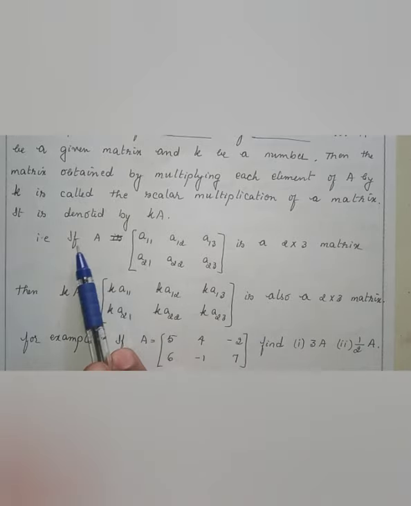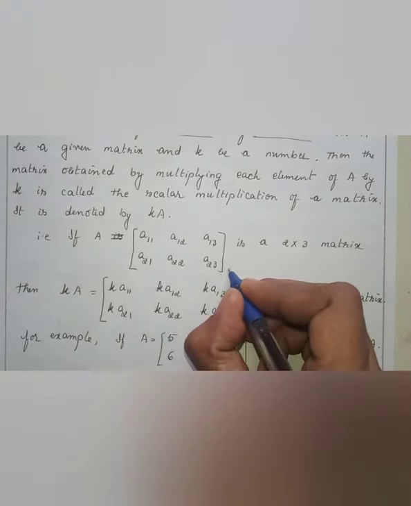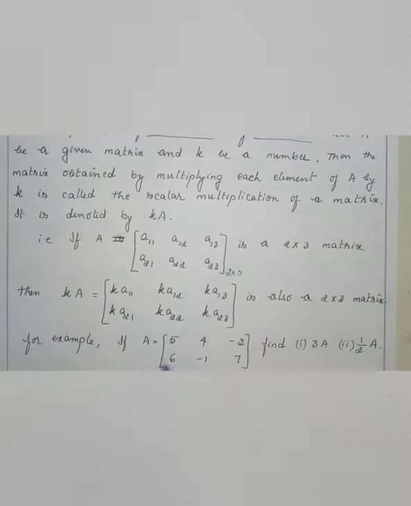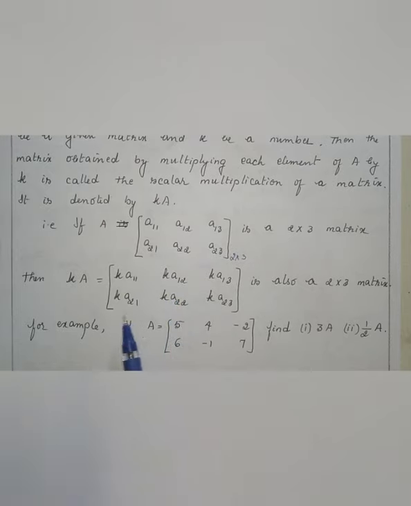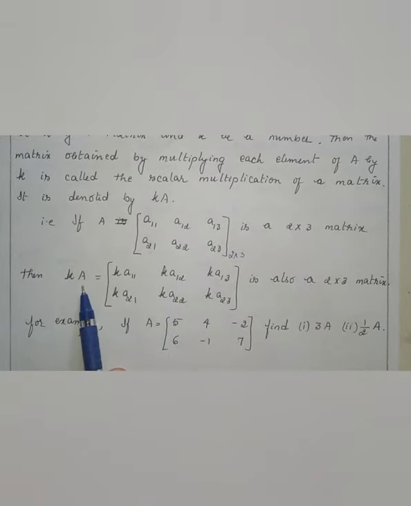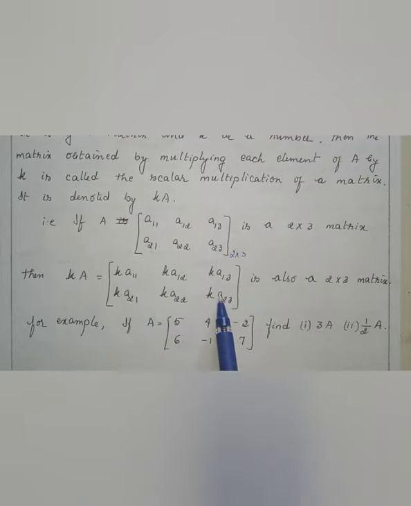Elaborately, if A is a 2 by 3 matrix with entries A11, A12, A13, A21, A22, A23, and K is a non-zero constant, then K into A is defined by multiplying each entry of the matrix by K: K into A11, K into A12, K into A13, K into A21, K into A22, K into A23.